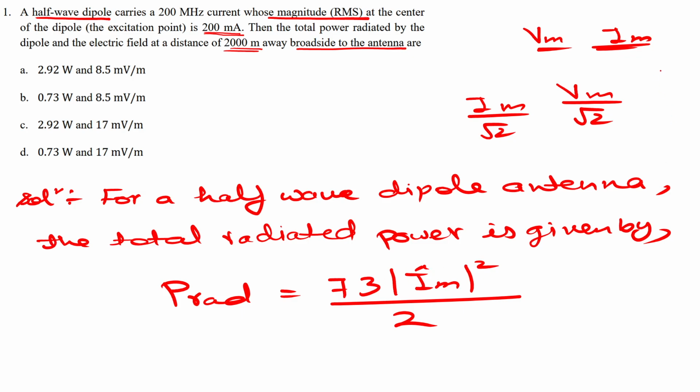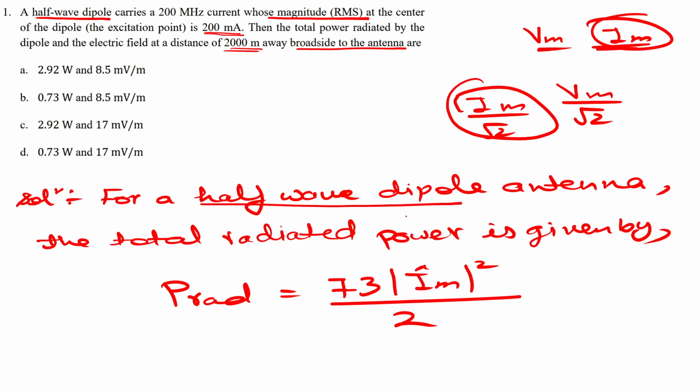Now one thing to notice is this is the peak value of the current, but in the problem we are given the RMS value, IM by root 2. The 73 is the radiation resistance of a half wave dipole. These are some values that you should remember. The radiation resistance of a half wave dipole antenna is always 73 ohms. Otherwise this formula is a basic formula, R I square by 2, something like this, right?